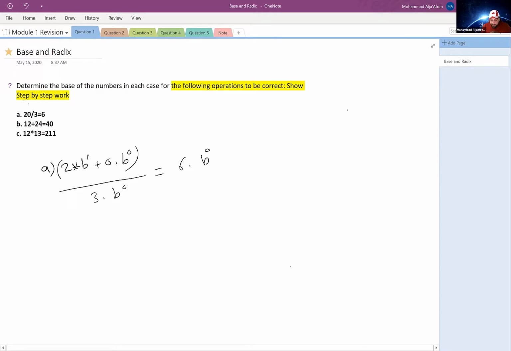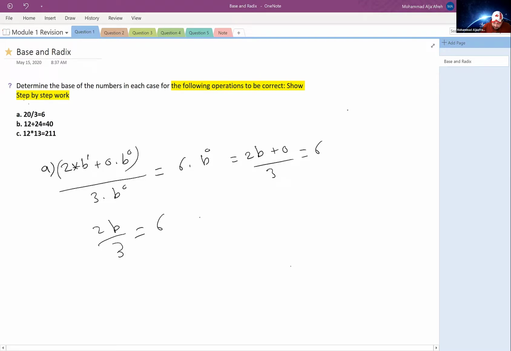So what does that mean? That means I will have (2b plus 0) over 3 equal to 6. Can you solve this? This is a first-degree equation. So 2b over 3 equals 6.